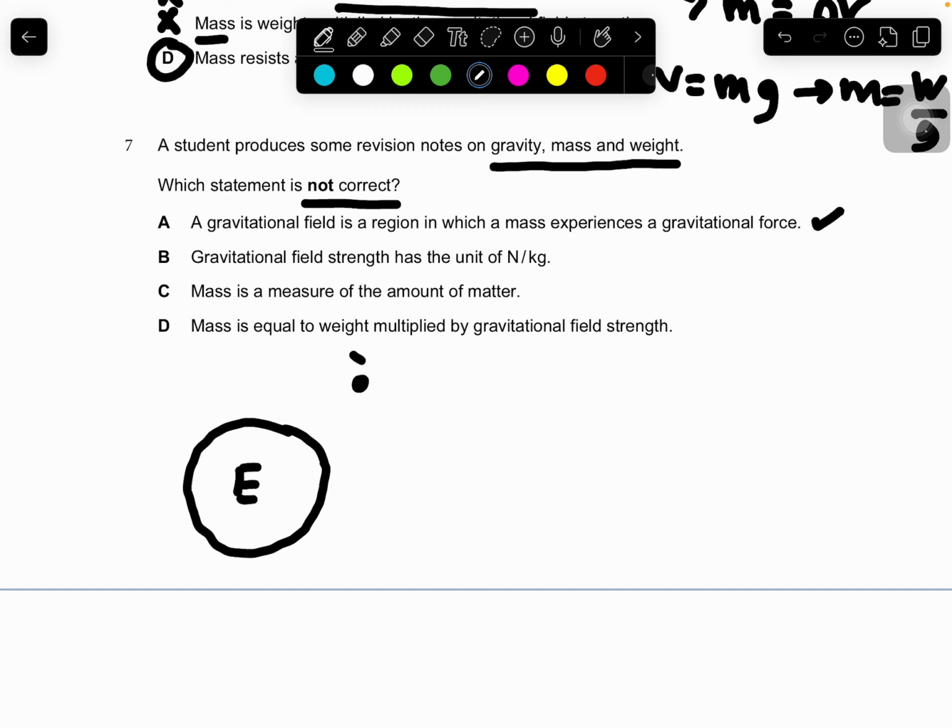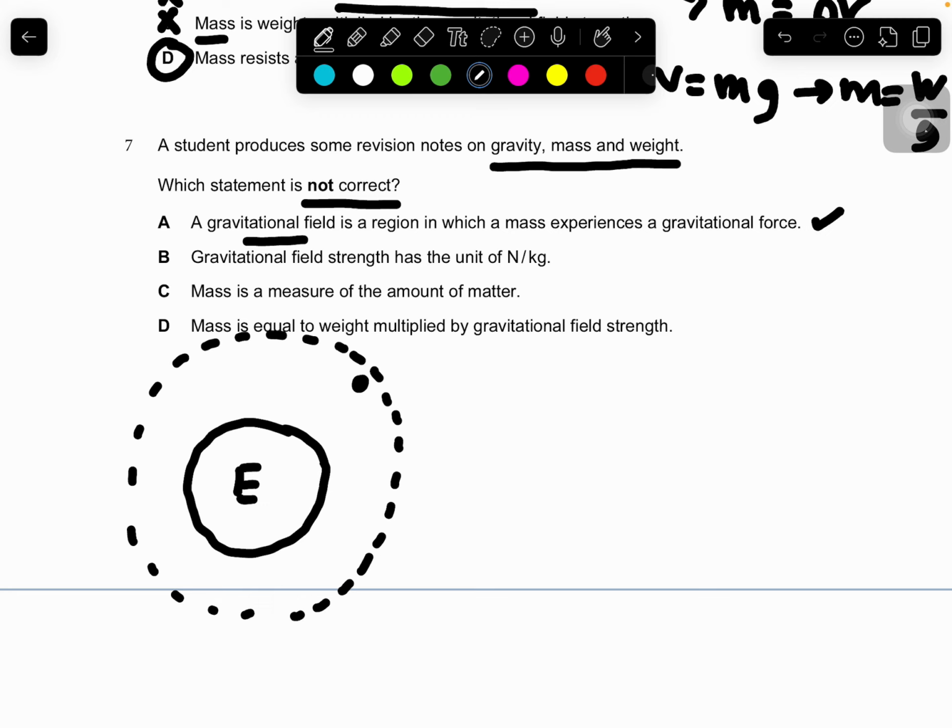And we said if this little mass comes within this region, the dotted region that I'm drawing here, then it's encountering the gravitational field of the Earth because it entered the gravitational field of the Earth, okay? So gravitational field is a region in which a mass experiences a gravitational force.